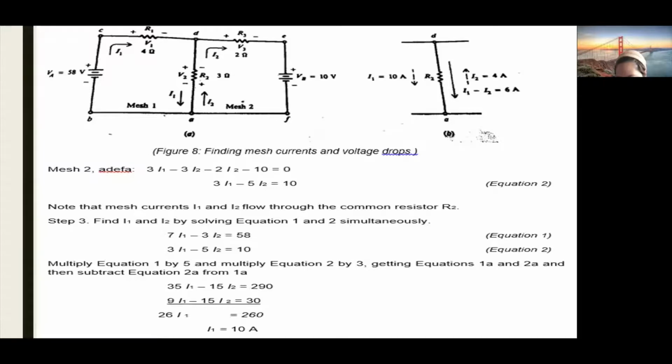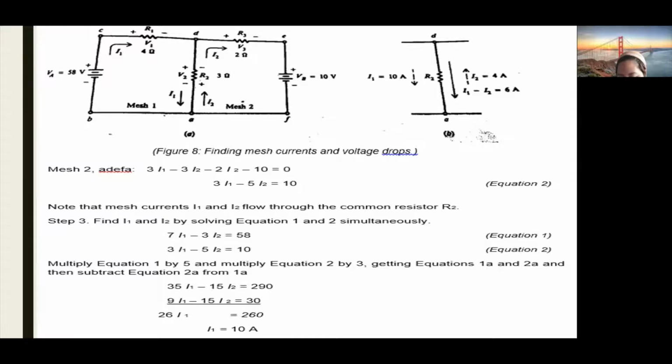Again, equation 1 is 7 I1 minus 3 I2 is equal to 58, whereas for mesh 2, 3 I1 minus 5 I2 is equal to 10. For us to be able to find I1, we are going to multiply equation 1 by 5.